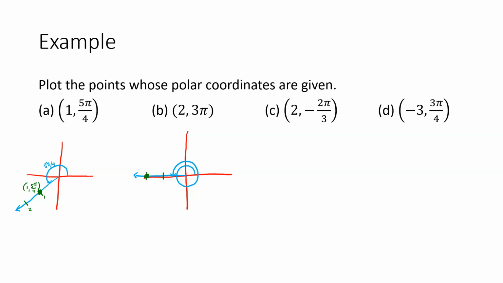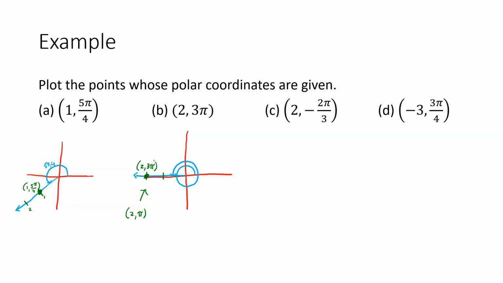So in polar coordinates, the point 2, 3 pi will land right here on the negative x-axis. Notice that this is the same as the point 2, pi. So there are multiple ways to represent a point in polar coordinates.